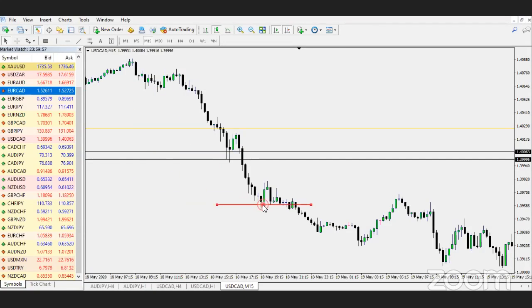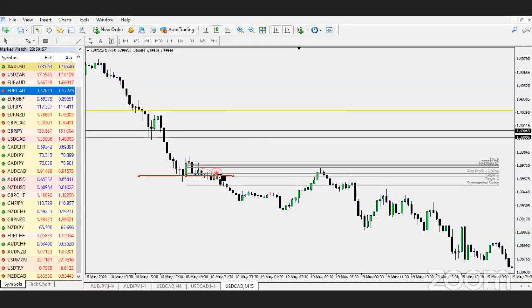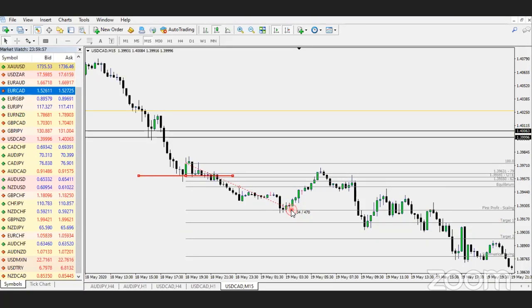So here you can see that price is maintaining this level right here. And this is the last order block when market structure was broken. So we take our fibs from the body of the candle to the bodies of the retracement.